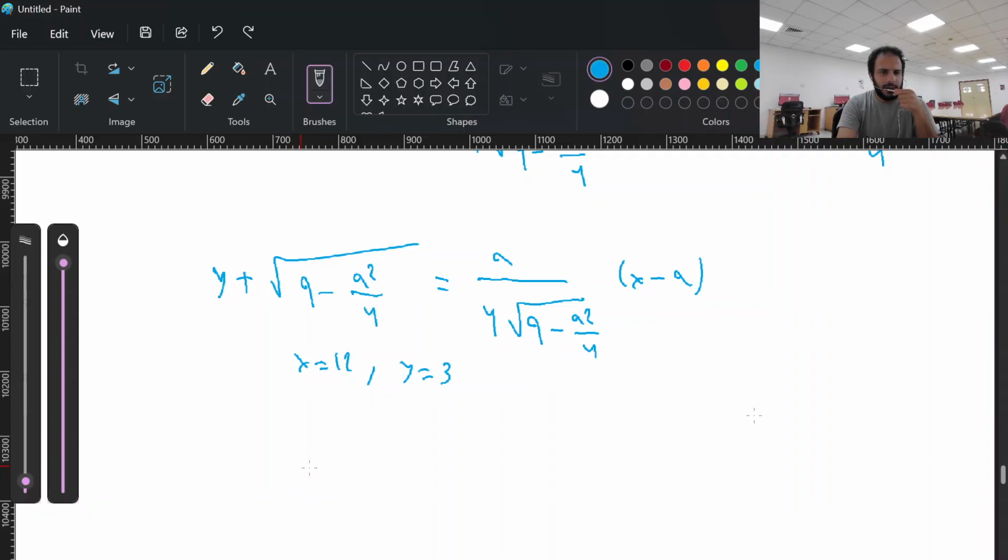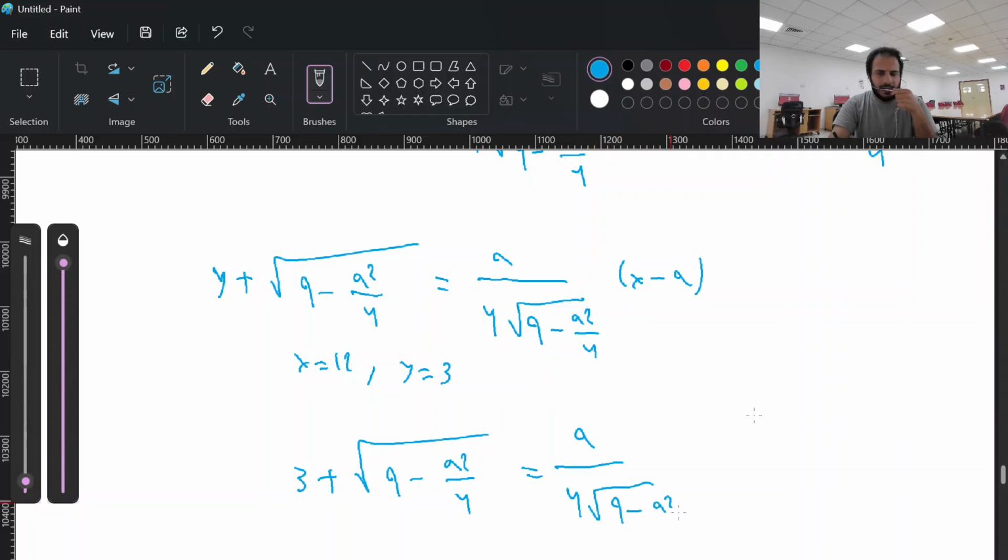So you have 3 plus the square root of 9 minus a squared over 4 equals a over 4 times the square root of 9 minus a squared over 4 times 12 minus a. I think I'm solving it in a complicated way, right? It feels like there should be a simpler way to get the final result.